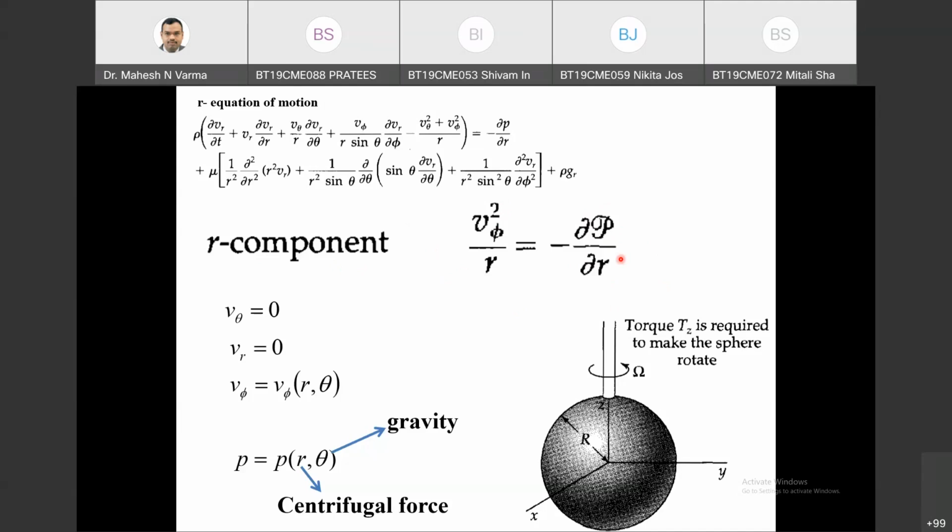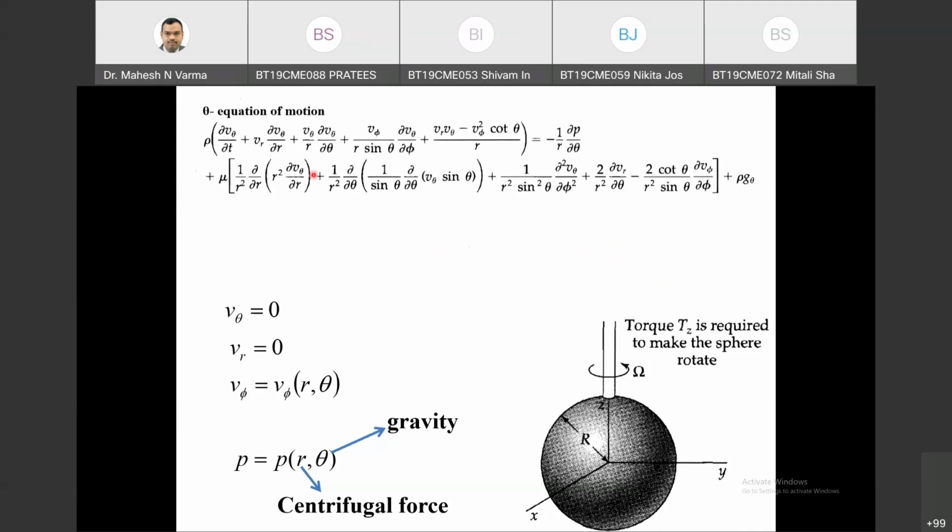Similarly, in the theta equation of motion, this is 0 because of steady state. V theta equals 0, hence this is equal to 0. This is 0 because V theta equals 0. This is non-zero. This is V theta equals 0, hence 0. And this will be non-zero: V phi square cot theta divided by R square.